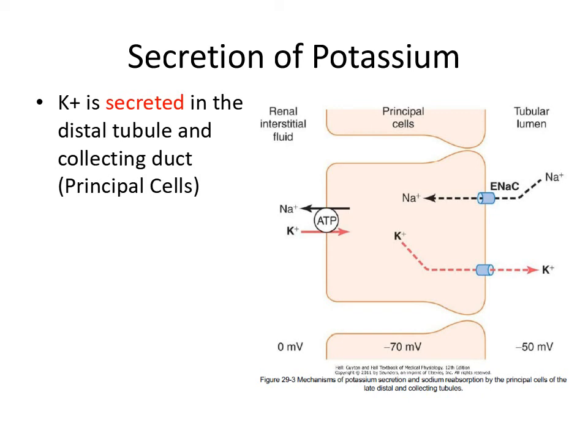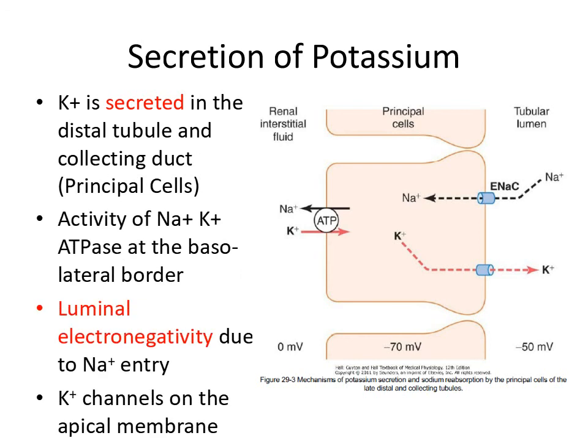So that lumen electronegativity is produced due to sodium entry. So sodium is reabsorbed through ENaC or epithelial sodium channel. So that will produce an electronegativity inside the lumen, and because of that electronegativity, potassium is secreted into the tubule, and this is maintained by the sodium potassium ATPase pump at the basolateral membrane.